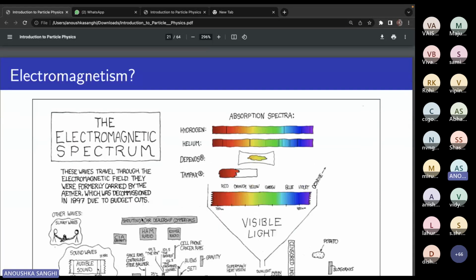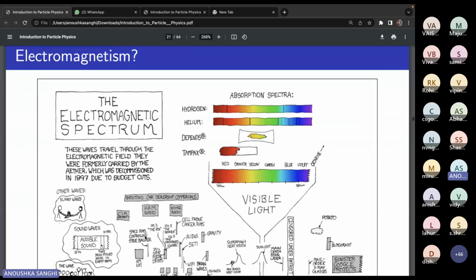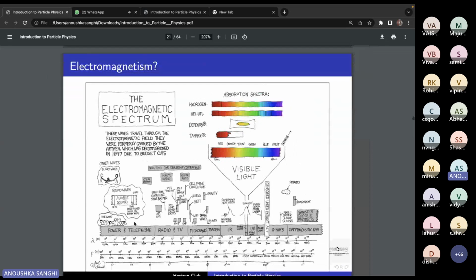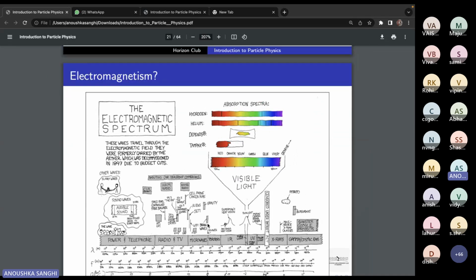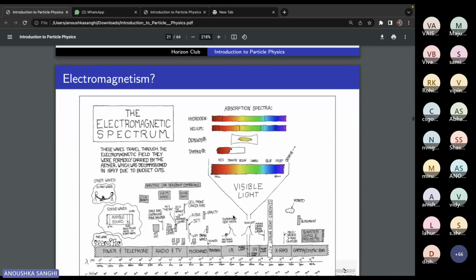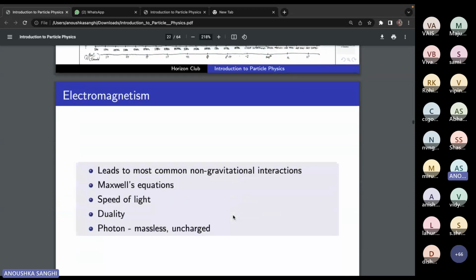So again, if I talk about this part, this is easy. Electromagnetism, as you all know: the electromagnetic spectrum and visible light. I think you are familiar with these things, so I'll not explain it that deeply.